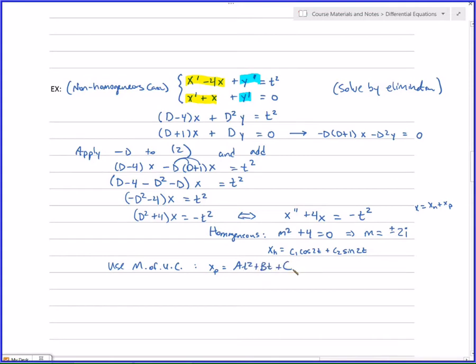None of these appear as components or in the family of solutions for the homogeneous case, so we should be able to get there, which means we now have to do xp prime and xp double prime to plug in here and find the a, b, and c that make this a solution to this equation. So xp prime is 2at plus b, and xp double prime is just 2a.